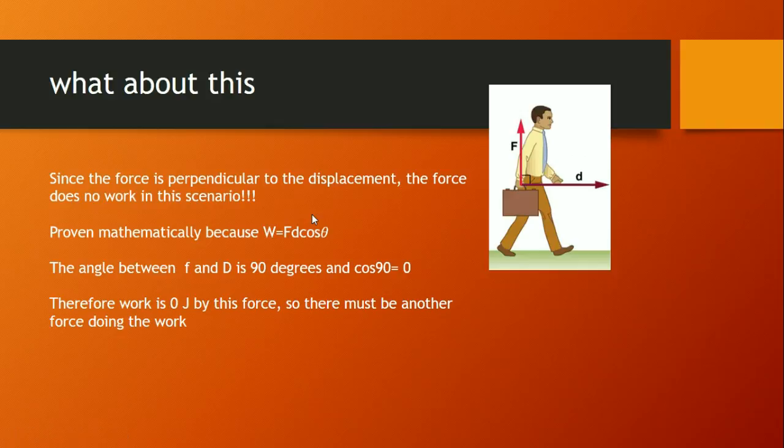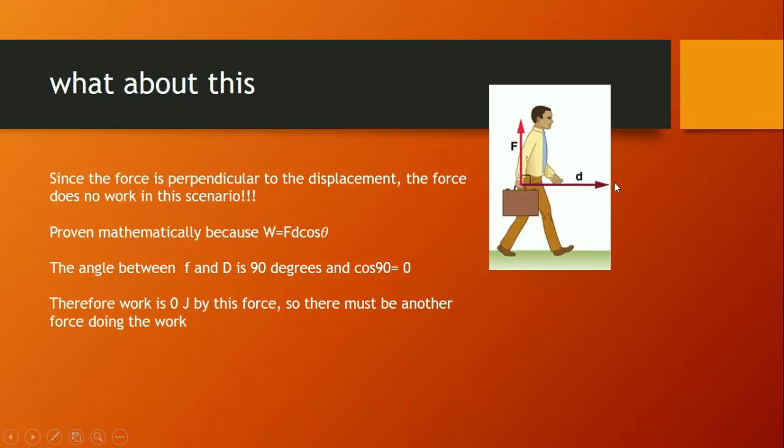So there must be another force. In this case, there must be another force moving the suitcase towards the direction he's walking, because his arm is doing nothing according to physics. His arm is pulling it upwards, but the suitcase is moving to the right.